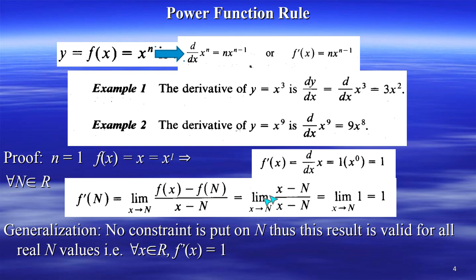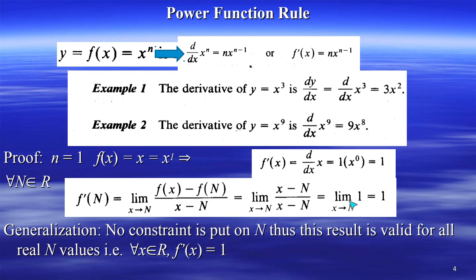So this limit is equal to the limit of x minus N over x minus N when x goes to N. But x goes to N does not mean that x is equal to N. It approaches N very closely, but never touches, never gets equal to N. So x minus N never gets equal to 0. So if x minus N is not equal to 0, I can simplify x minus N at the numerator with the one at the denominator, obtaining 1.